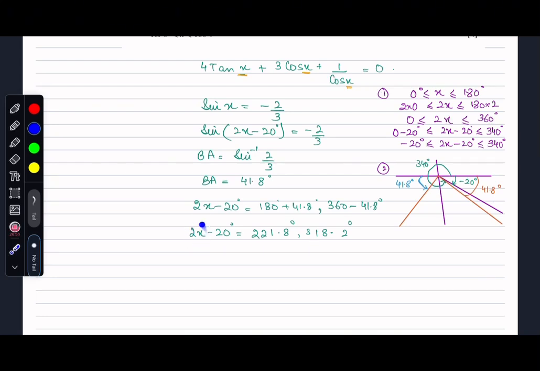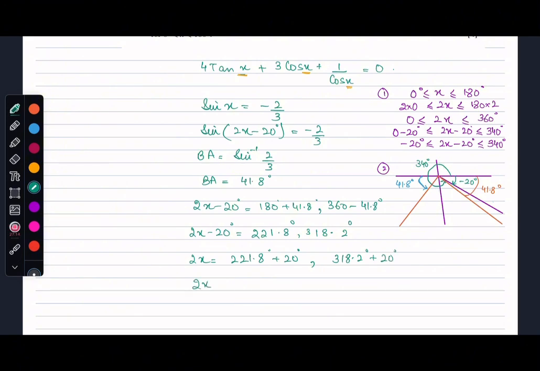Therefore, I can just find out the angle for x, and this angle of x then should be equal to 2x, which equals 221.8 plus 20, and also 318.2 degrees plus 20 degrees here.